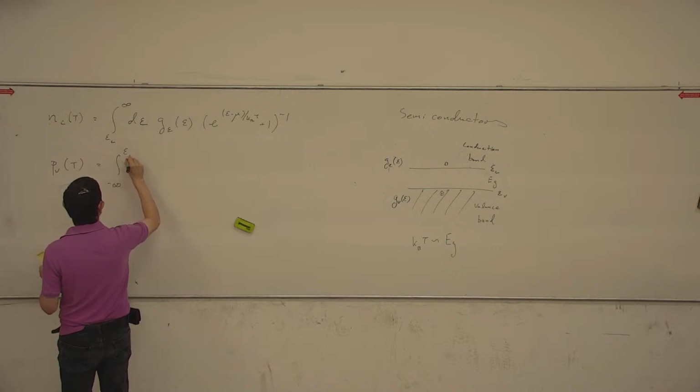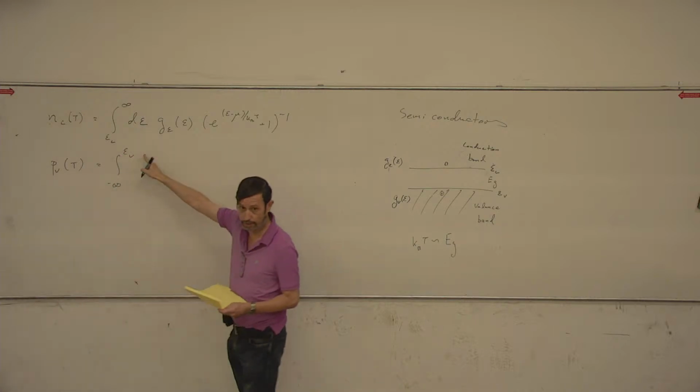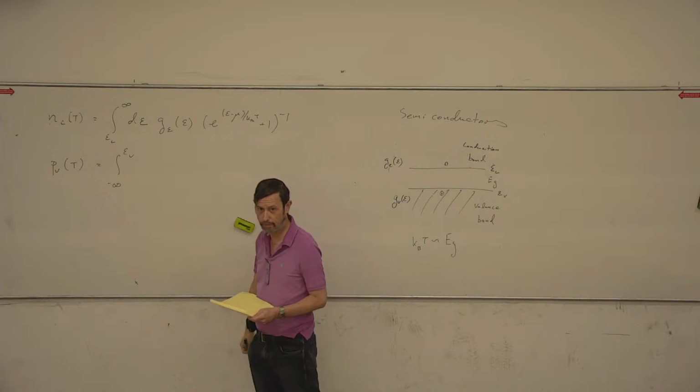So this is why I'm taking minus infinity to EV. I don't care about the bottom.